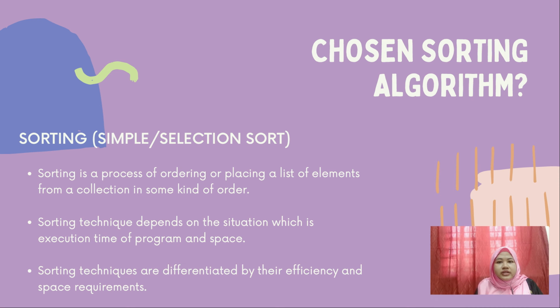The first situation is time execution of the program, which means the time taken for execution of the program, and the second situation is space, which means the space taken by the program. In addition, sorting techniques differ by their efficiency and space requirement.